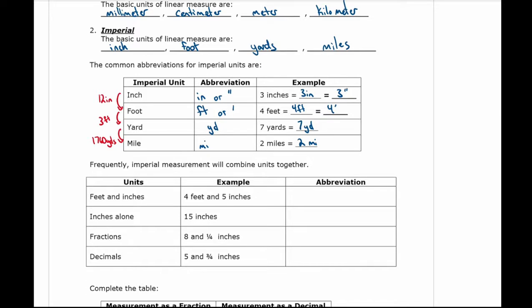So with feet and inches, 4 feet and 5 inches, we could write that as 4 feet, using the apostrophe, and then 5 inches, using the quotation mark. Generally speaking, if you're dealing with height, you tend to see this a lot.